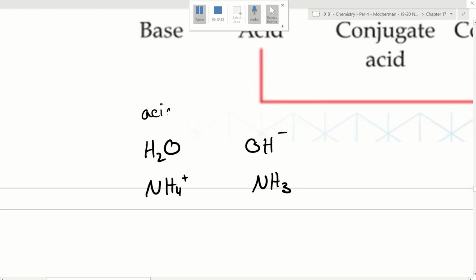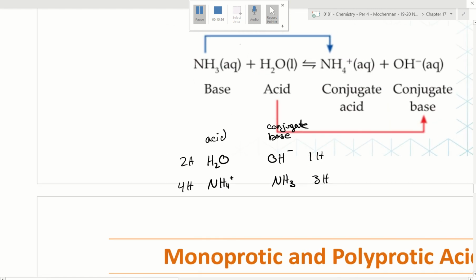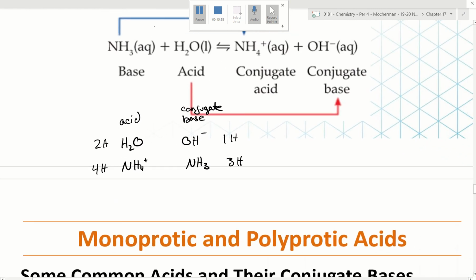If this is the acid, this is its conjugate base. This is 1 proton less. This has 2 H's, this only has 1 H. This has 4 H's, this only has 3 H. So it's just 1 less both times. All right, so that's the idea of conjugate acid-base pairs.